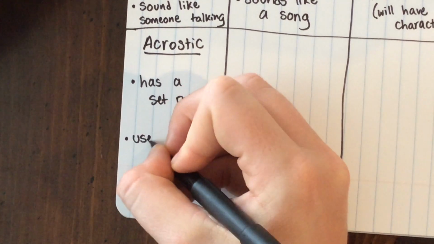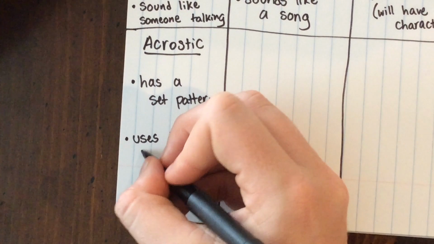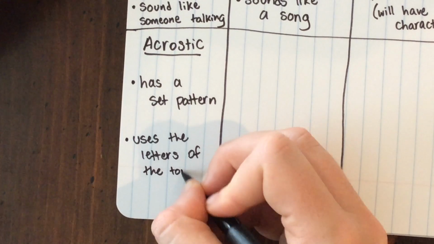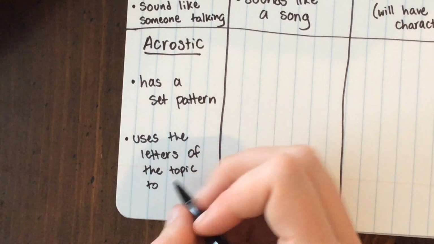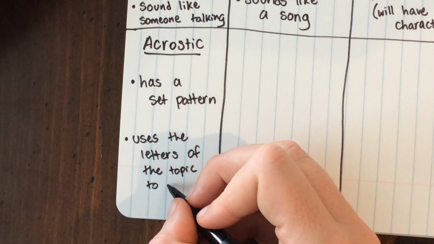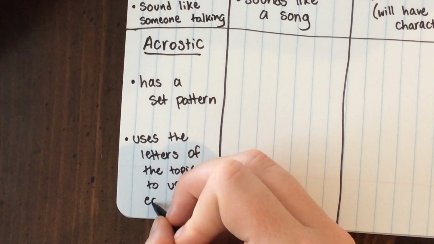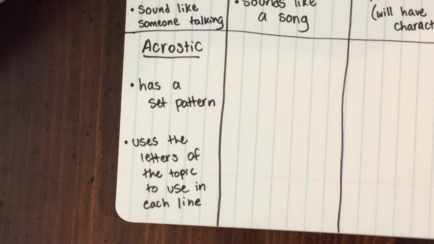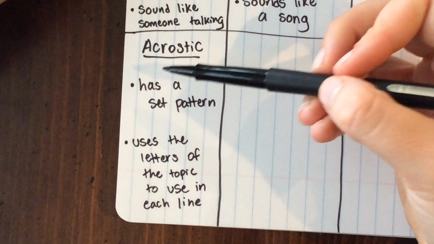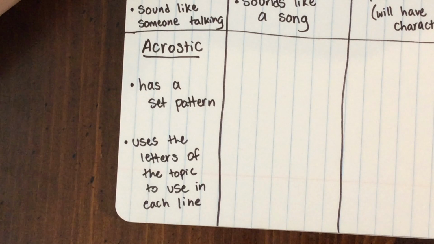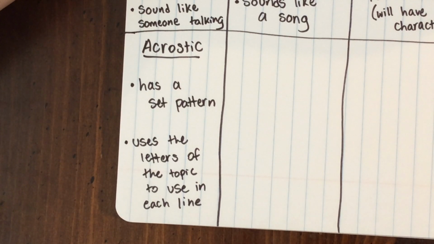And it uses the letters of the topic to use in each line. So, like I said, I know you guys have all written acrostic poems before. That's where if the topic is cats, it would be C-A-T, and then each line would be about cats. And like I said, for haikus, we're going to look at acrostic poems in writing later next week.